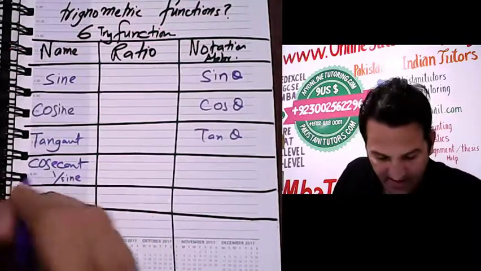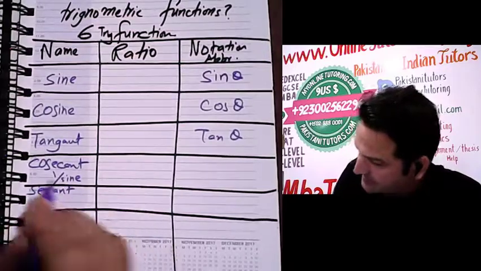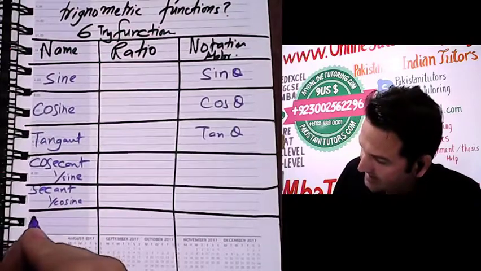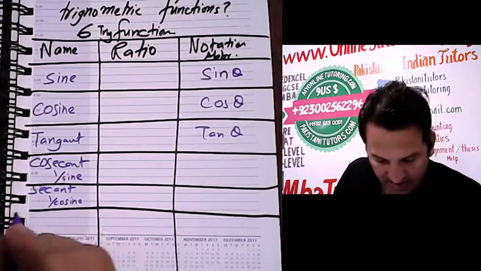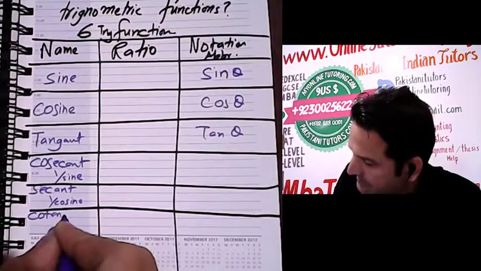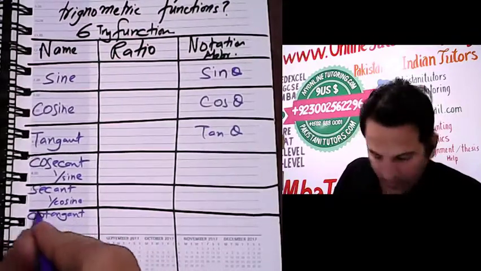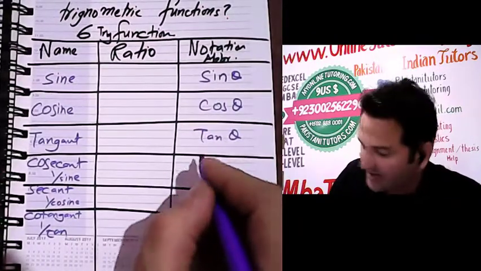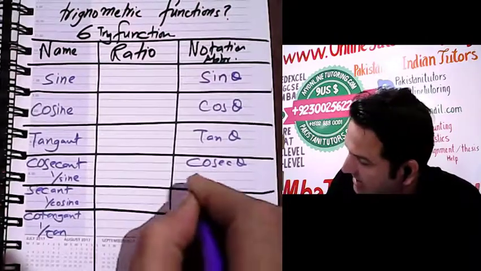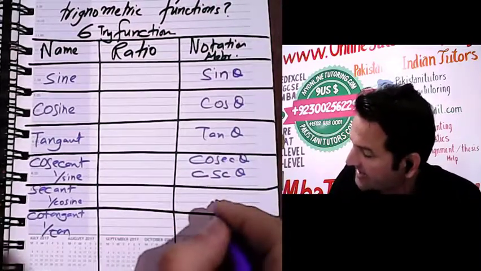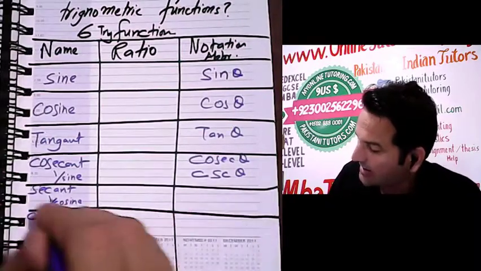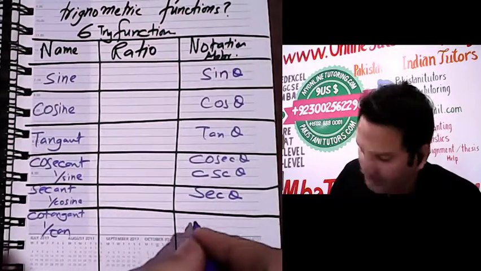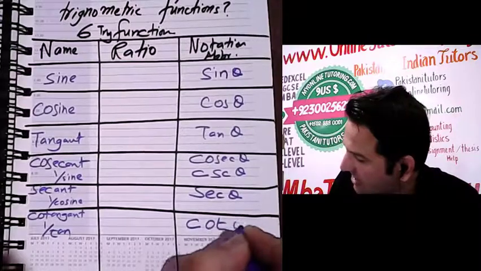The fifth one is secant, which is 1 over cosine, and the sixth and last one is cotangent, which is equal to 1 over tan. The abbreviation for cosecant is cosec theta or csc theta. For secant, or 1 over cosine, it is sec theta, and the abbreviation for cotangent is cot theta.